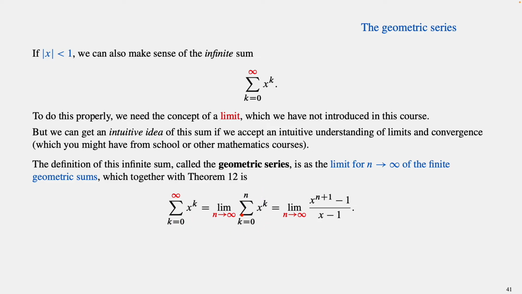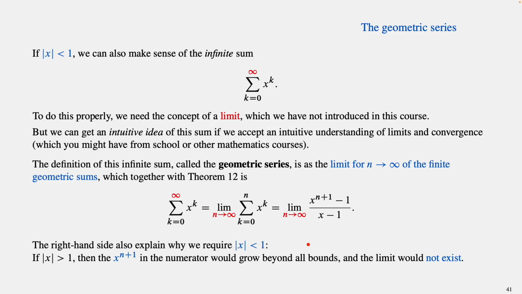We take the geometric sum from 0 to n, and then we take the limit of that expression for n to infinity. This we can, by our theorem 12, replace by this formula here. So we get x to the power of n plus 1 minus 1 divided by x minus 1, and we take the limit of that for n to infinity.